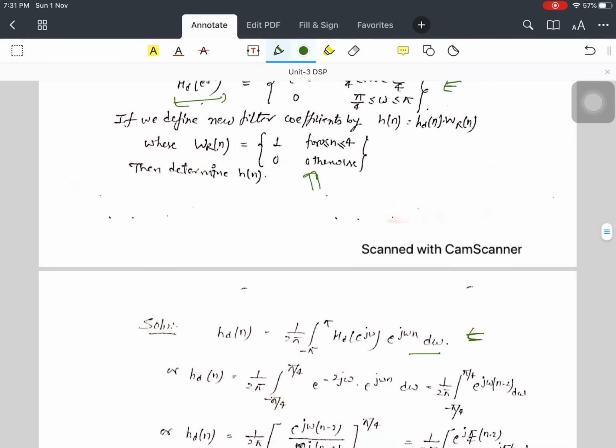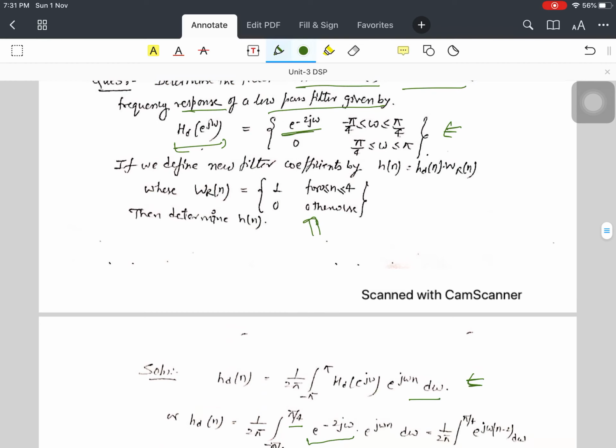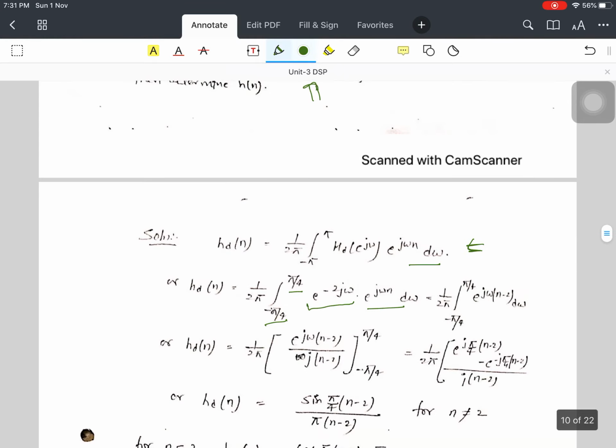So, 1 upon 2 pi integral from minus pi by 4 to pi by 4 of e to the power minus j omega 2, that is given, multiplied by e to the power j omega n d omega. We apply the same formula and we will get Hd(n) equal to sin pi by 4 (n minus 2) upon pi (n minus 2).